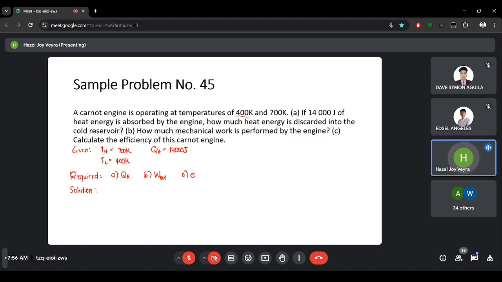Okay, so before we solve for QR, let me teach you one of the concepts in a Carnot cycle.